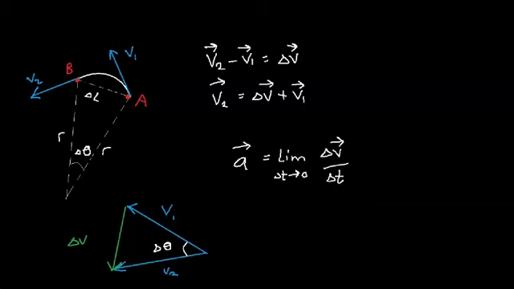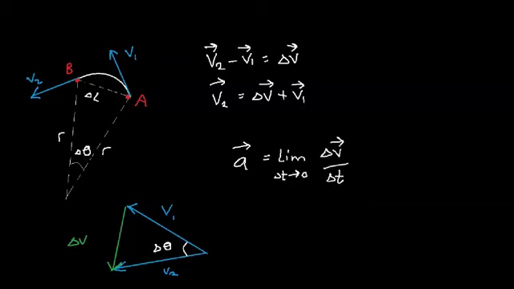Since the acceleration is in the same direction as delta v, then the acceleration too must point towards the center of the circle. This acceleration is called centripetal acceleration because it points towards the center of the circle.